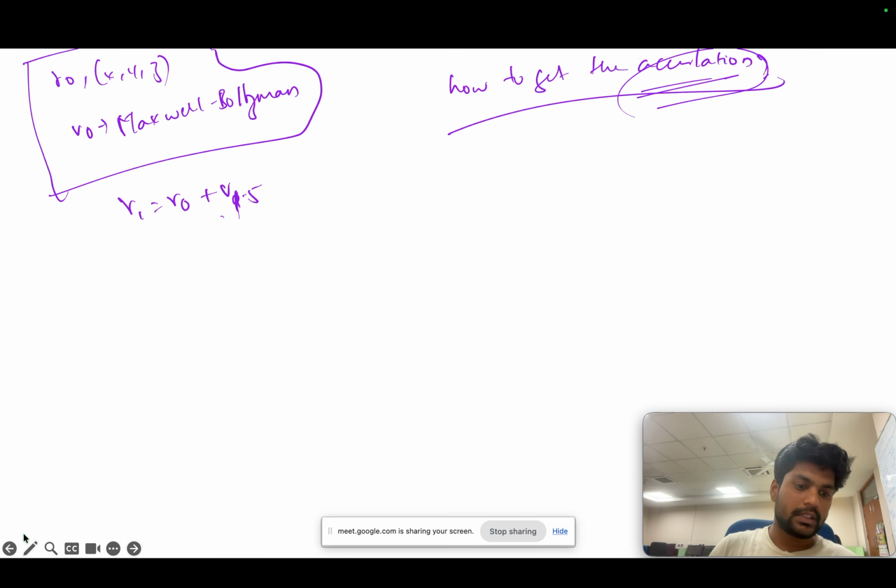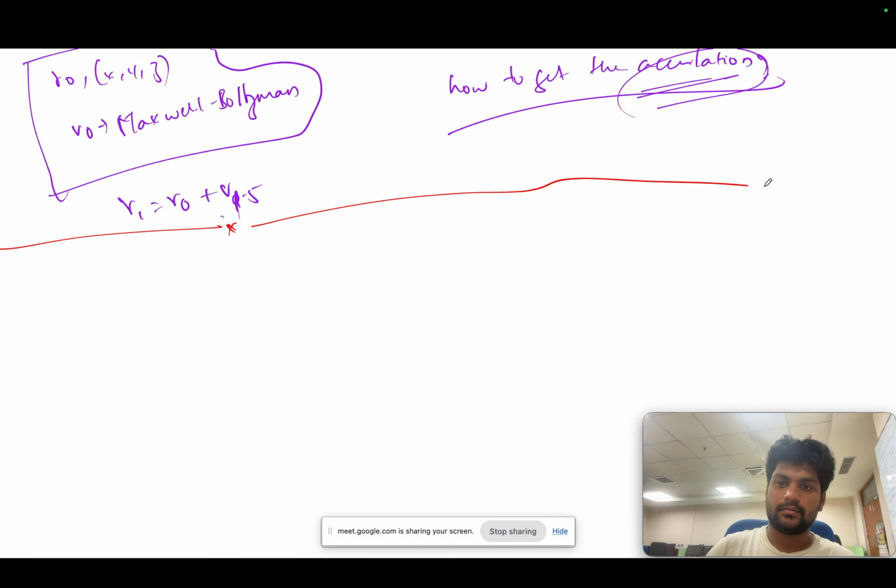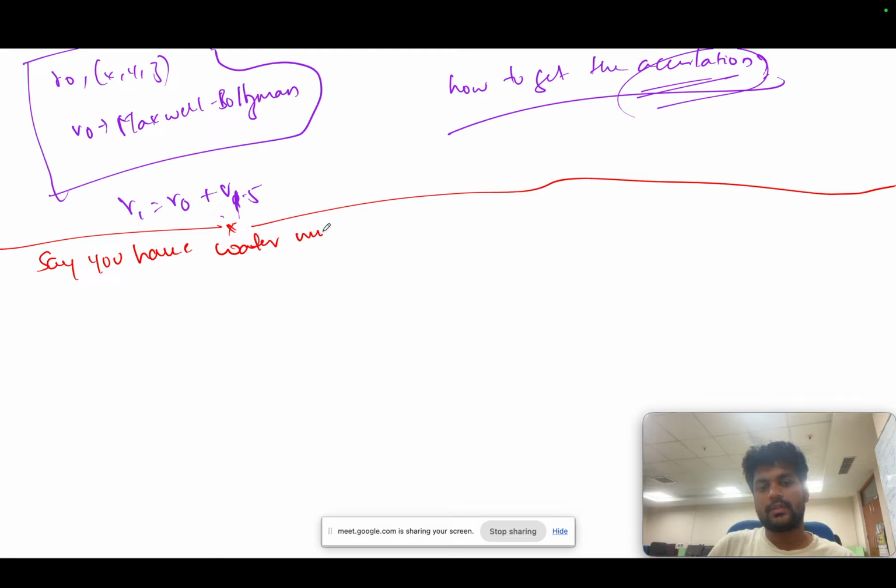Say you have a system of water molecules. I'm just giving an example. If I'm talking about the ensemble, suppose this is the big ensemble.